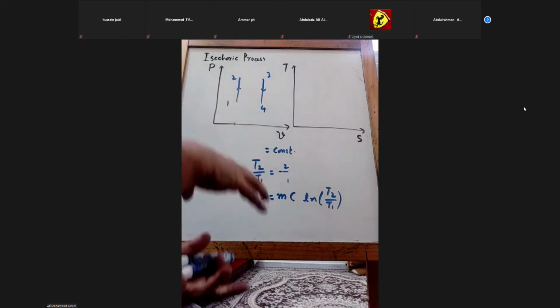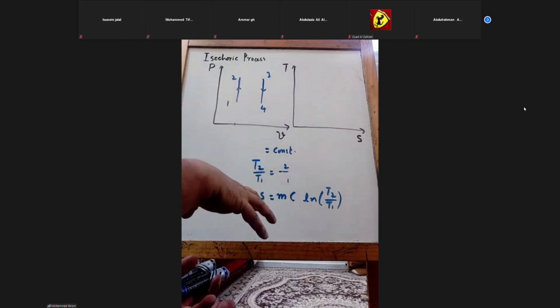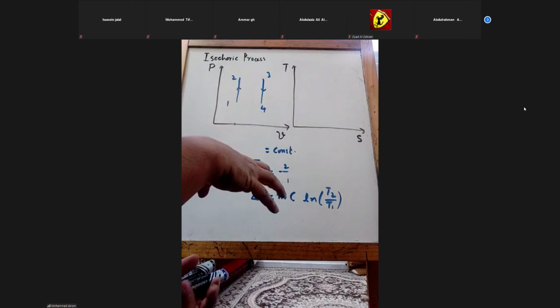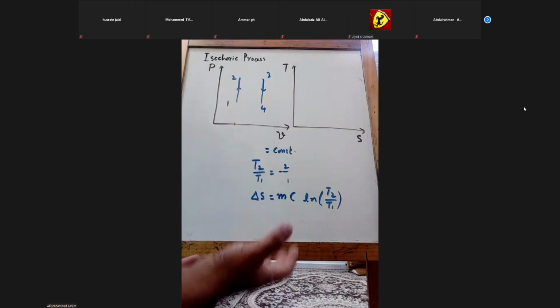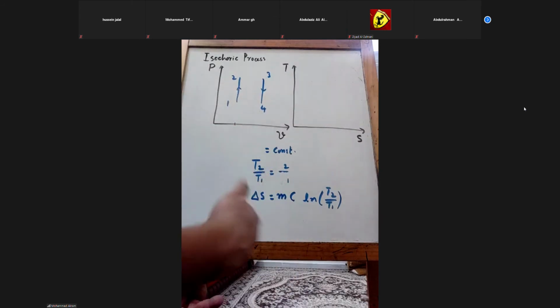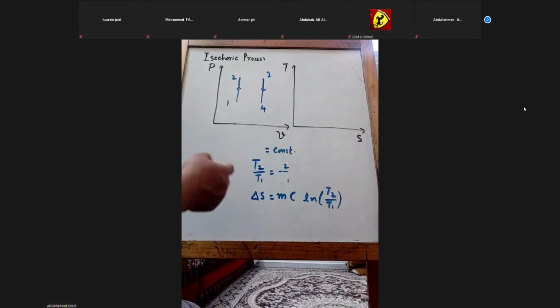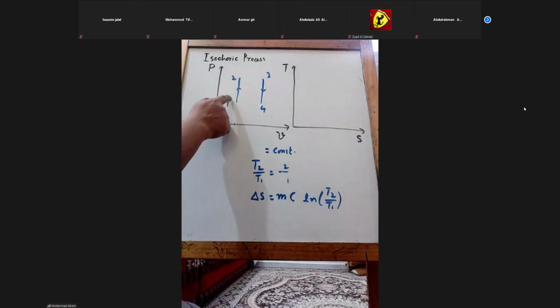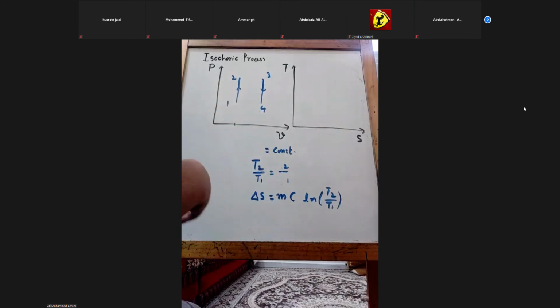If you close it, constant volume, and heat it, what will happen? Volume cannot increase, it is fixed. So pressure inside will increase. So for constant volume, if pressure is increasing, it means you are heating. With heating, what will happen? Entropy will increase also.